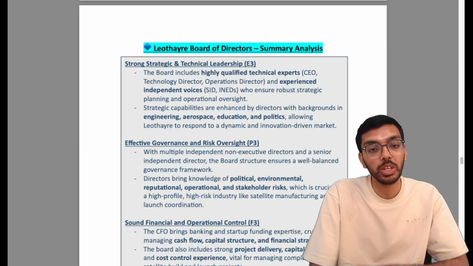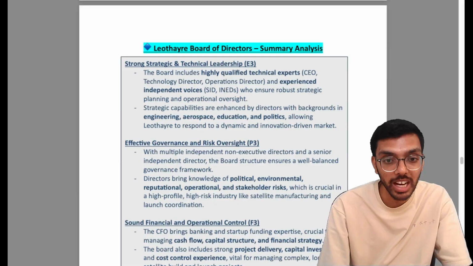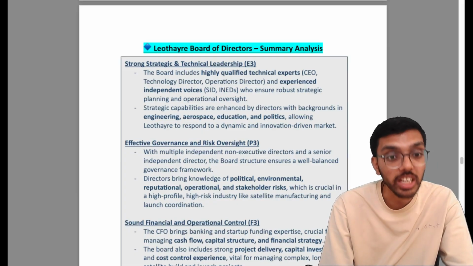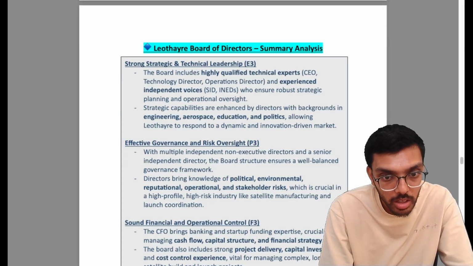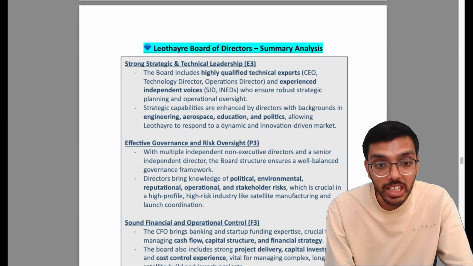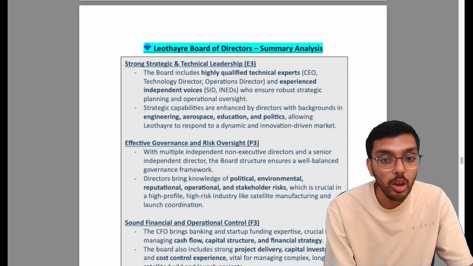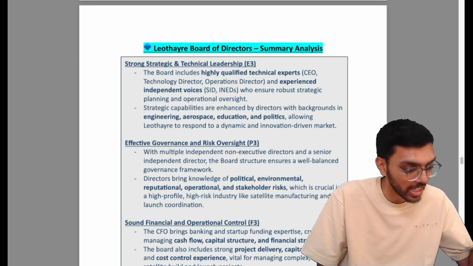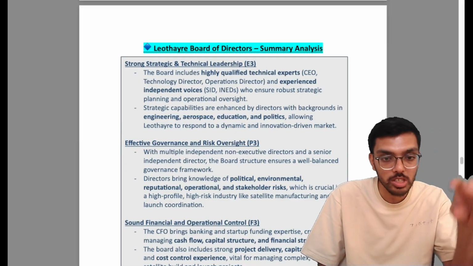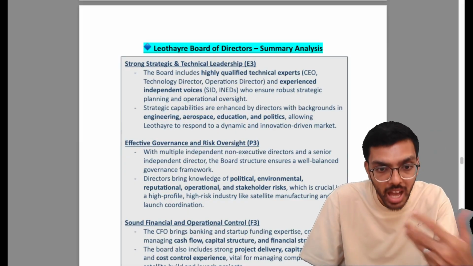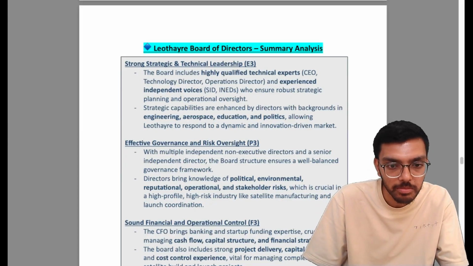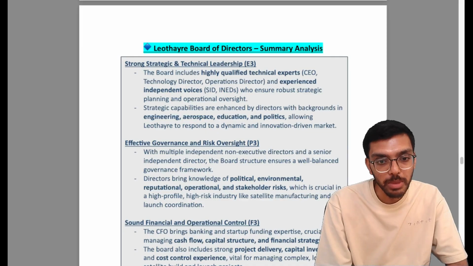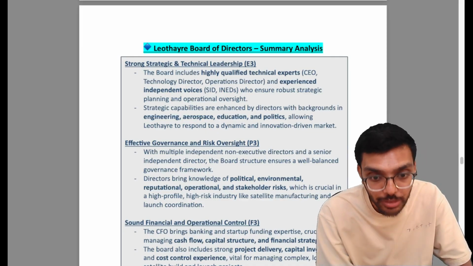If I look at risk, with multiple independent non-executive directors, the board is well balanced in terms of knowledge, in terms of risk management. Directors bring knowledge of political, environmental, reputational, operational, and stakeholder risks, which are important for our industry, which is going to be high profile, high risk. The CFO brings banking and startup funding experience, crucial for managing cash flow.